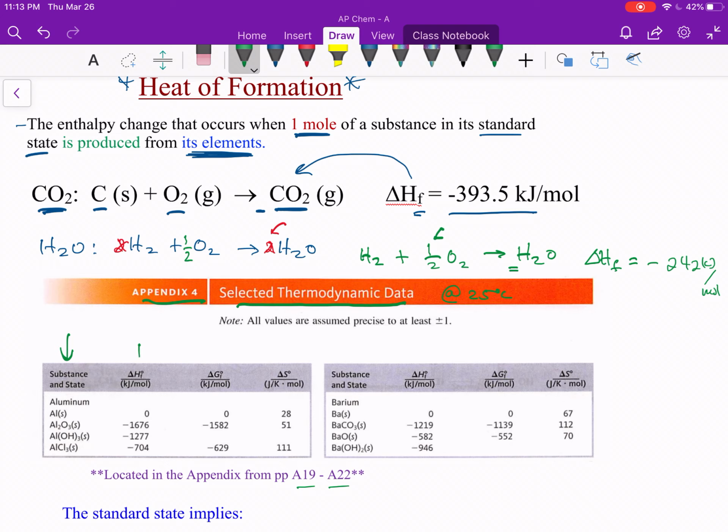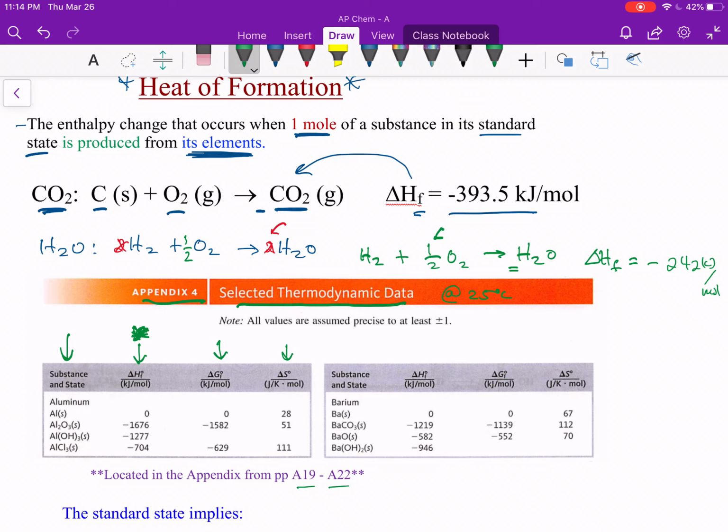So we'll see delta HF, delta GF, and delta S. For this part, we're only interested in this first column. We will get to the other columns later.